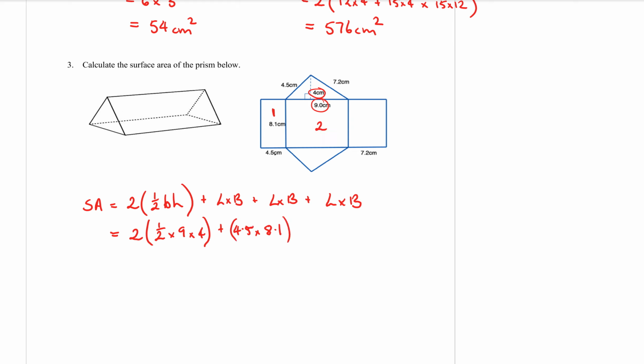The second rectangle is going to have a length across the bottom here of 9 and a breadth of 8.1. So 9.0 or 9 times 8.1. Plus my third rectangle over here, which has a 7.2 length and an 8.1 height. So 7.2 times 8.1.